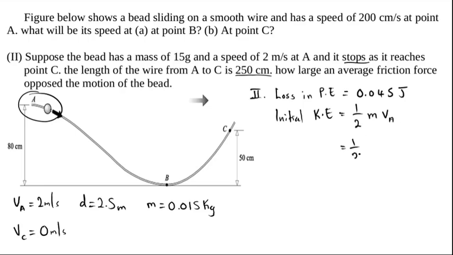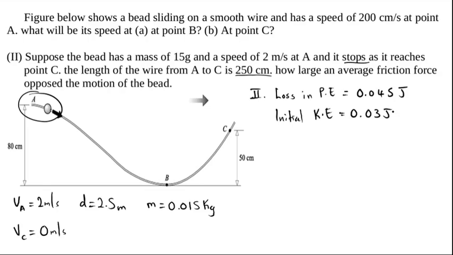So half, the mass is 0.015, and velocity at A, we said, is 2 meters per second, and obviously 2 is supposed to be squared. So if you multiply everything, we're going to get 0.03. So half mv squared is just 0.03 joules.